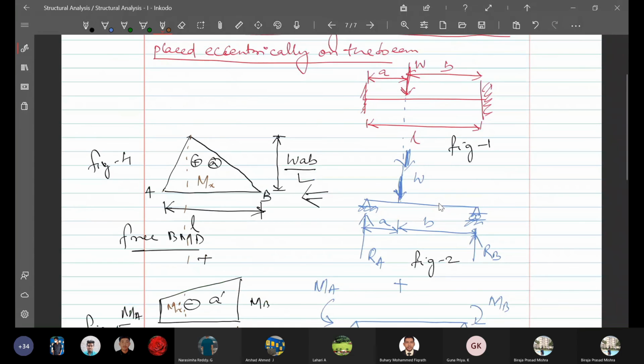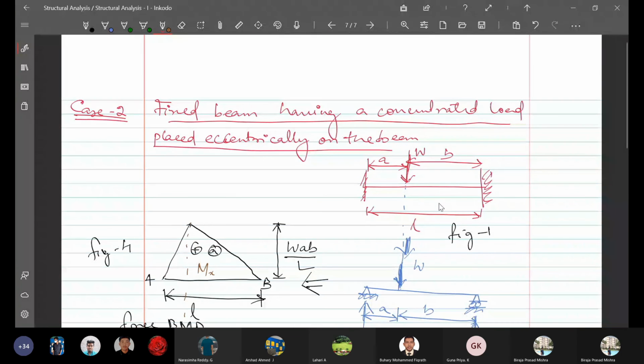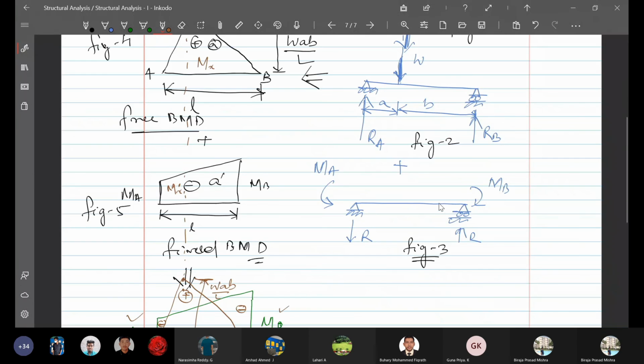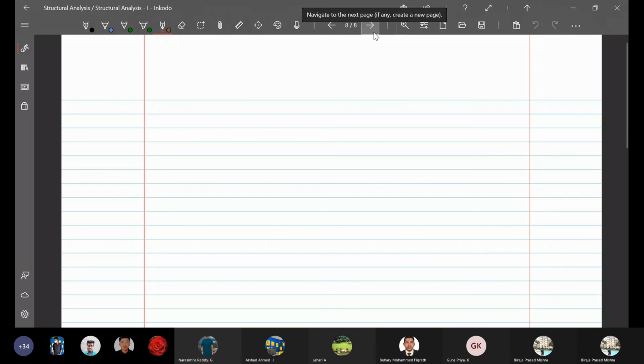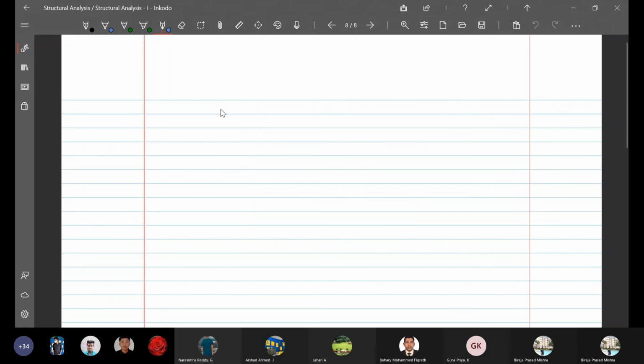I hope all of you have got a rough idea about the fixed beam having a concentrated load which is placed eccentrically on the beam. So let's write that in words properly. As I said, in your exam the way you present it matters a lot.